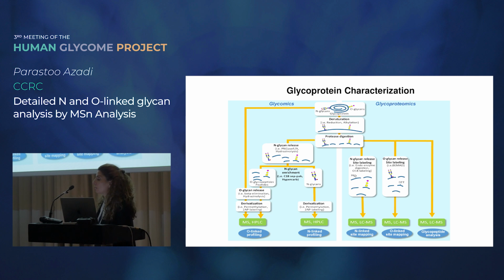Then we do mass spec analysis depending on whether it's N-linked or O-linked, and for O-linked, we can use beta elimination to release the glycans, or sometimes hydrogenolysis.